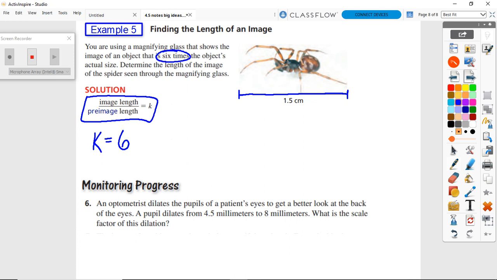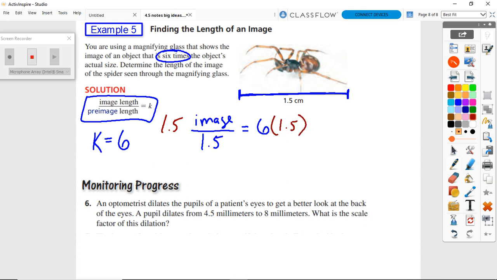Determine the length of the image of the spider seen through the magnifying glass. So the spider is 1.5, so that is your pre-image. So setting up the equation, I've got the image over the pre-image equal to the scale factor. So just to simply solve this one, my friends, we've just got to multiply both sides by 1.5.